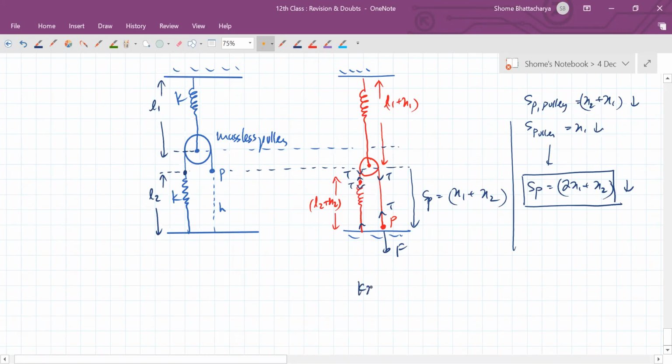So kx2 is equal to T. Okay, and 2T is equal to kx1. So you can see that x1 will become equal to 2x2.